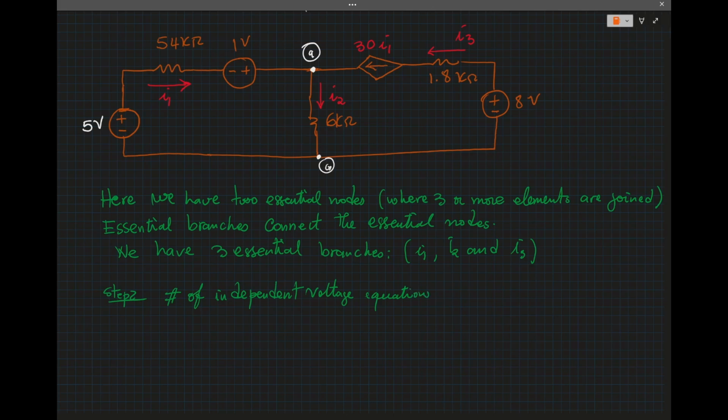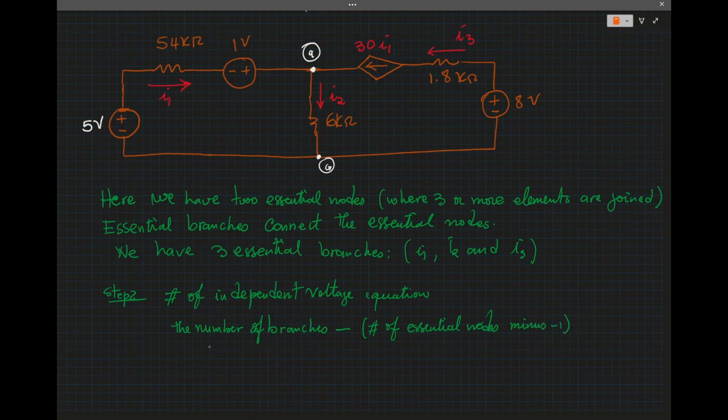Okay, so the number of independent voltage equations is equal to the number of branches minus the number of essential nodes minus 1.